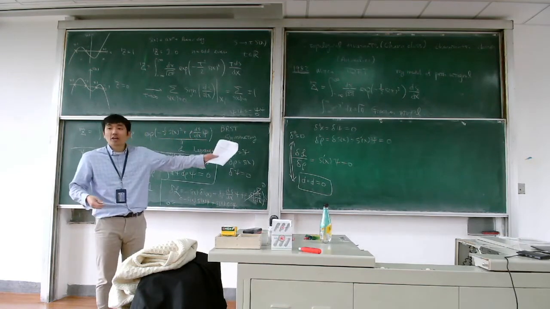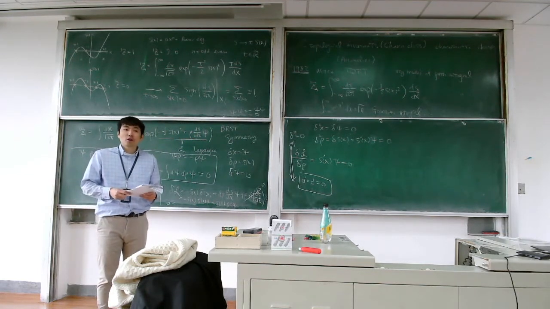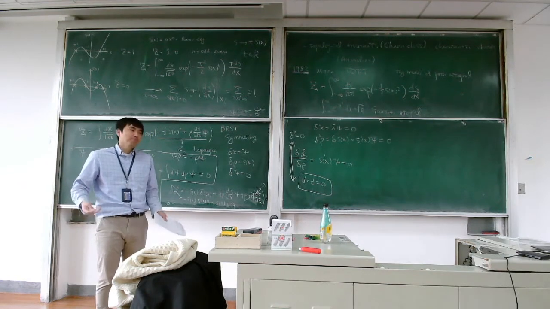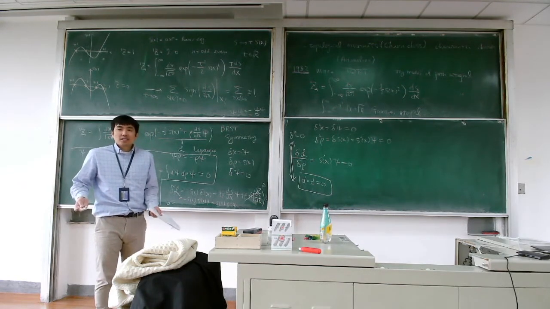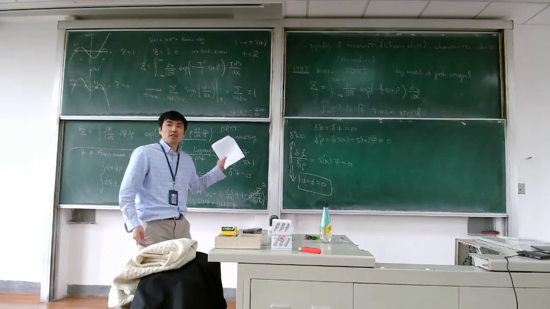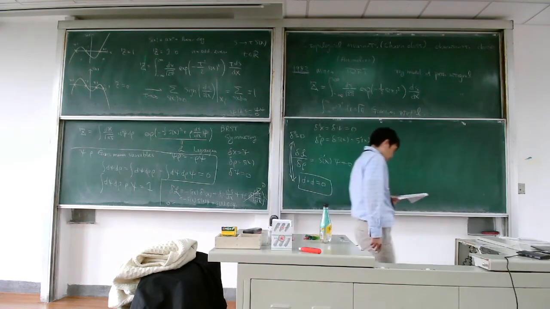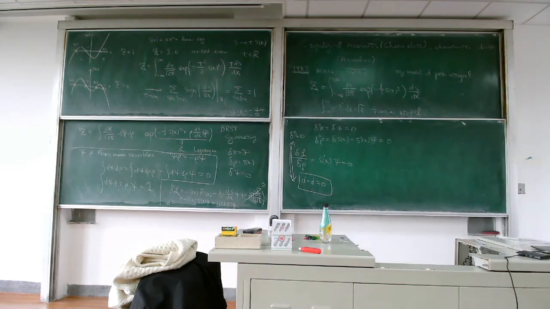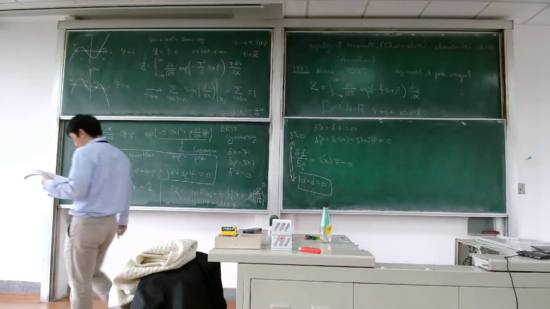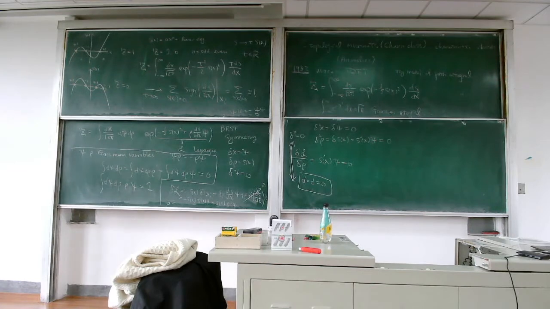I already erased the notion of cohomology. So this is related to cohomology, which is some version of, which is related to the cell decomposition I talked about at the beginning.